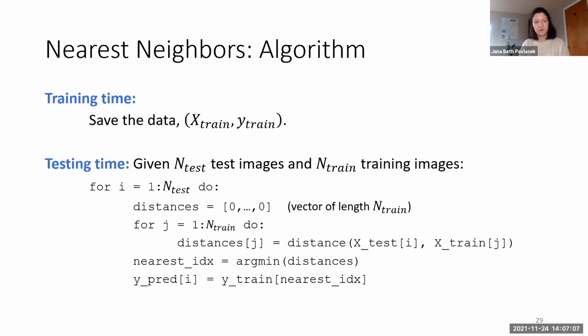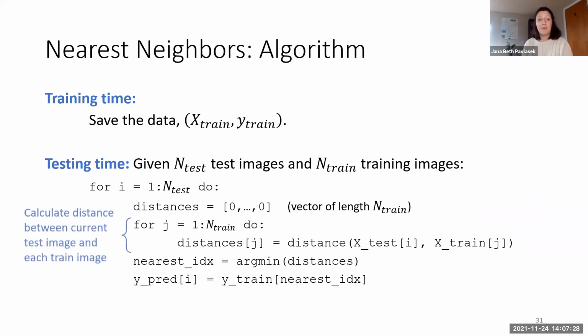For each test image that we're given, we are going to first initialize a distance vector. Here I'm just initializing the distances to 0. And then for every single training image, we're going to calculate the distance between our test image and our training image.